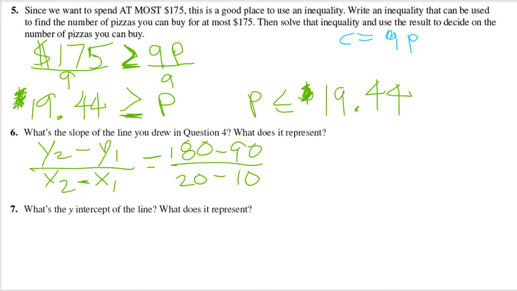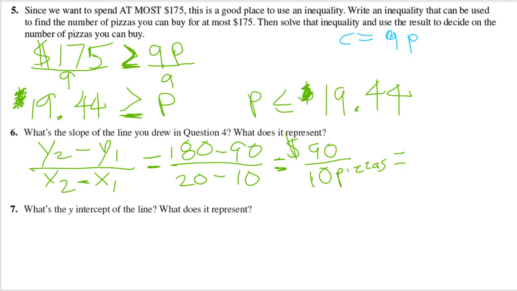And you can take any 2 points that you want. We've found before that doesn't matter. 90 divided by 10. I'm going to add my units now. $90 divided by 10 pizzas.